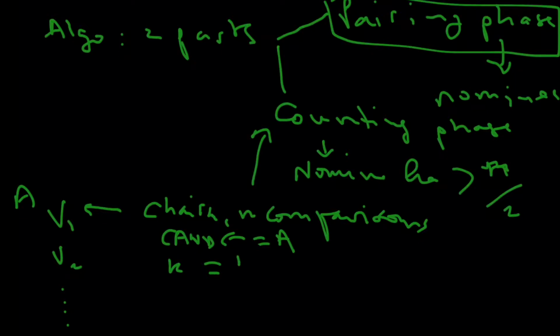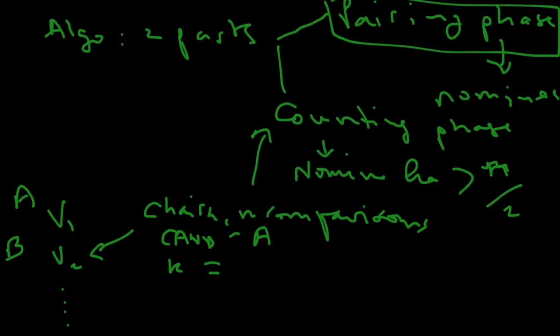And then after that, let's say the chairman visits V2, and it finds out that V2 has chosen candidate B. So the candidate was still A, so until the counter k is 0 and we visit one that wants another candidate, we keep the current candidate.